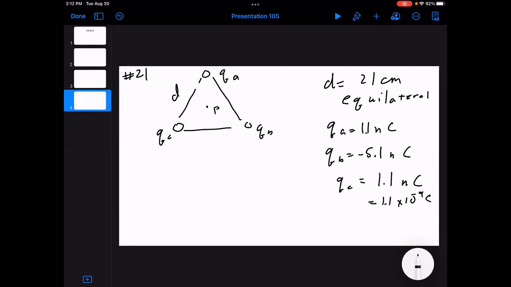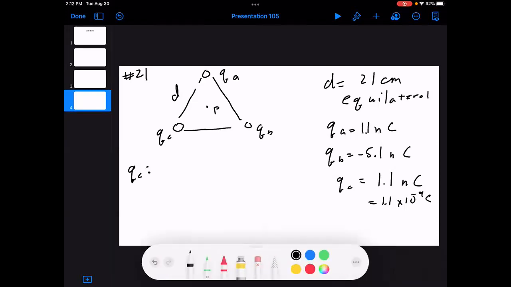I want to start with QC because that's pretty easy. QC is negative 5.1 nanocoulombs. Do we expect the electric field from C, I'm going to color it blue, to go towards the charge or away from the charge?